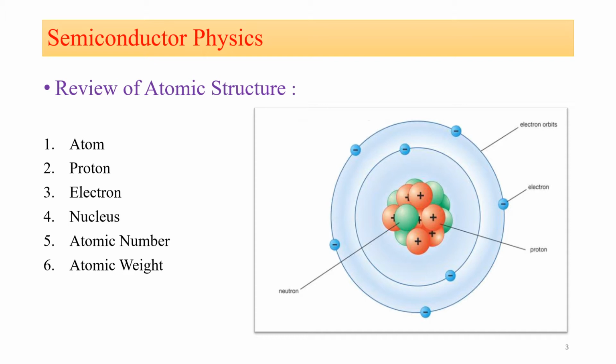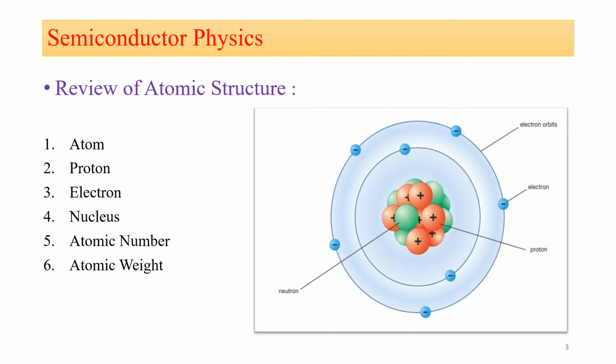As we know, the mass of neutron and proton is the same, but the mass of electron is very light. And all the protons and neutrons are bound together at the center of the atom. Now if you see the picture, all the neutrons and protons are bound at the center, and this center is nothing but the nucleus.